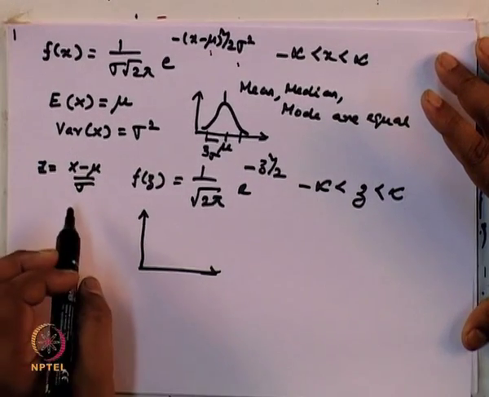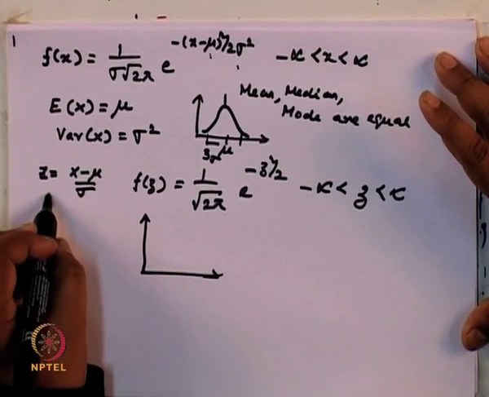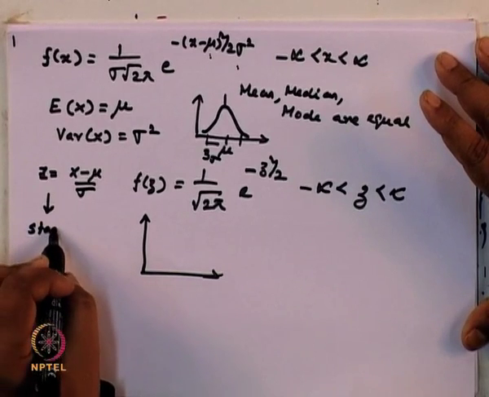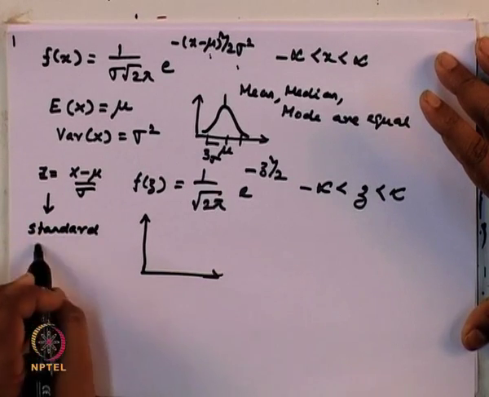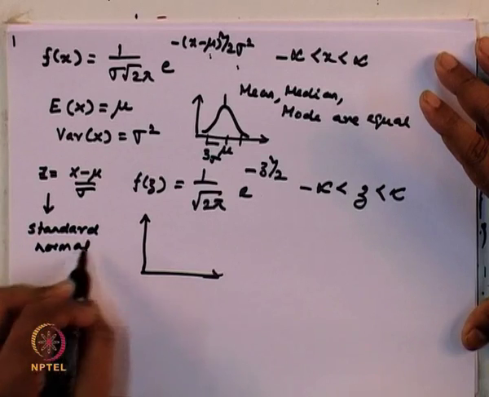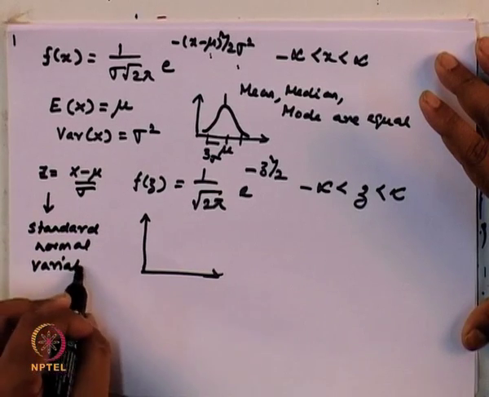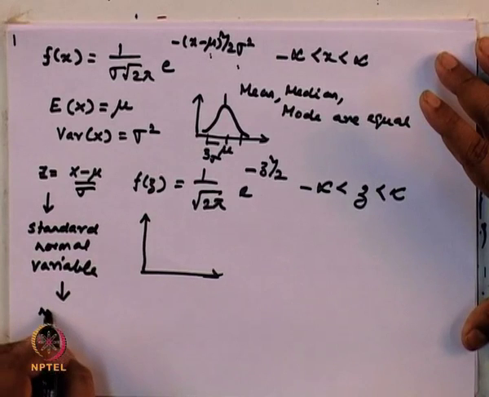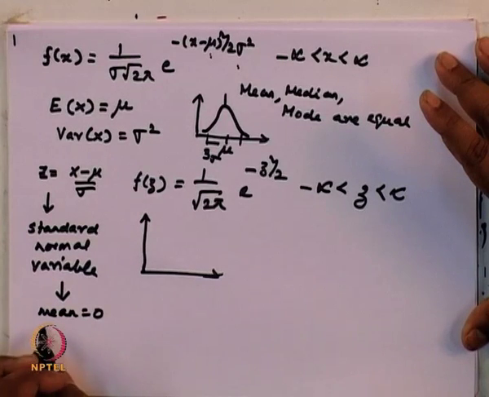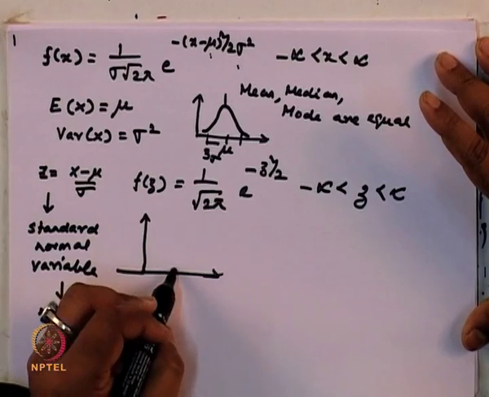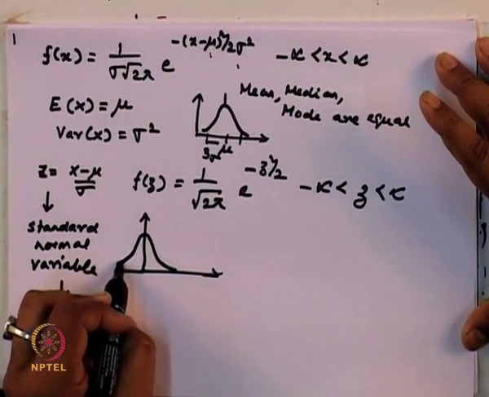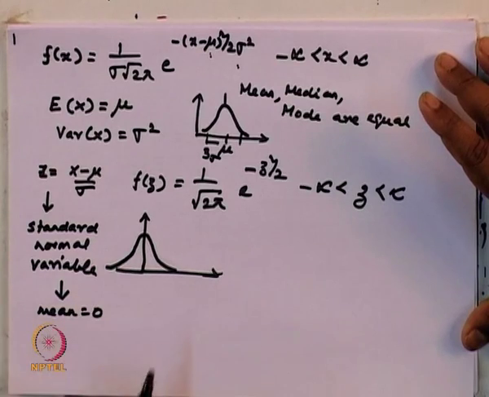For the standard normal variable, this has mean of 0 and variance of 1. So, this will be centered at the origin, and it will be symmetric.